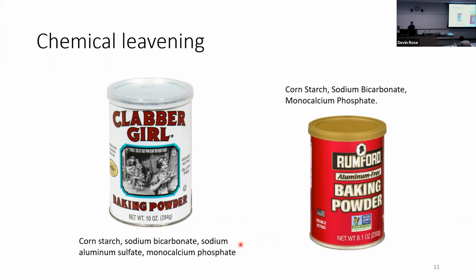So I have the ingredients here. Cornstarch is just a filler. That's going to keep the product free-flowing and also keep the particles of acid separated from the particles of base. We have sodium bicarbonate. That's the base. It's always going to be that. Typically, these baking powders will have about 30% sodium bicarbonate.